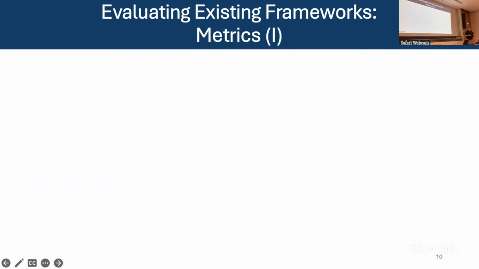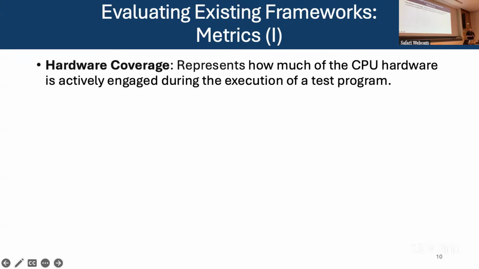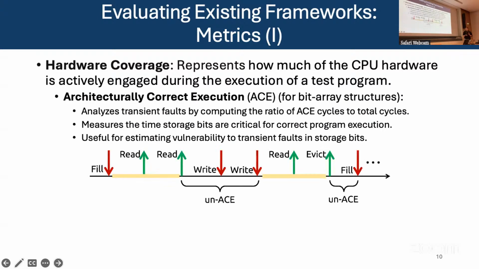Before we move on, we need to take a look at the important metrics that will be used in the evaluation. The first one is hardware coverage, which represents how much of the CPU is actively engaged during the execution of a test program. It depends on which type of CPU hardware structure we are examining.